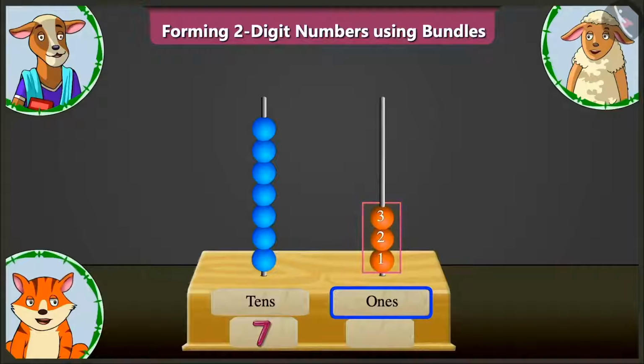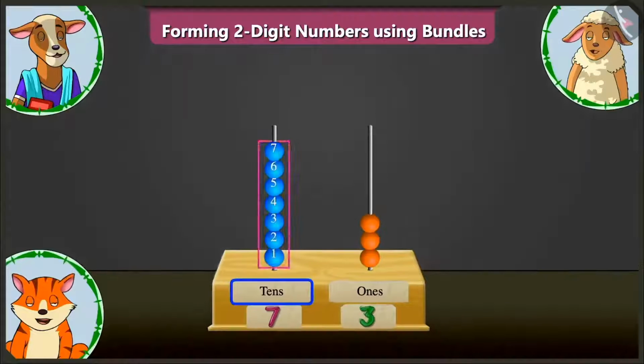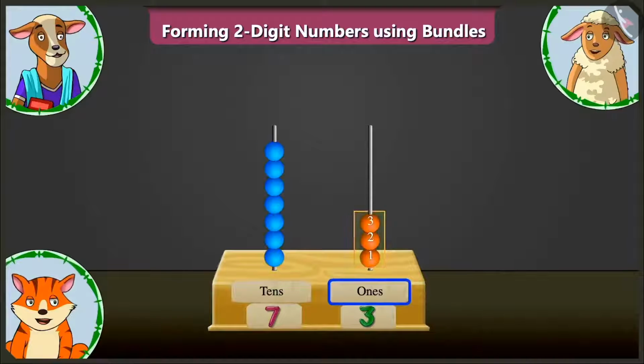So in the ones box we have to write 3. Well done. Now here in the tens box 7 tens means 70 and in the ones box 3 ones means 3. So adding 70 and 3 makes it number 73.